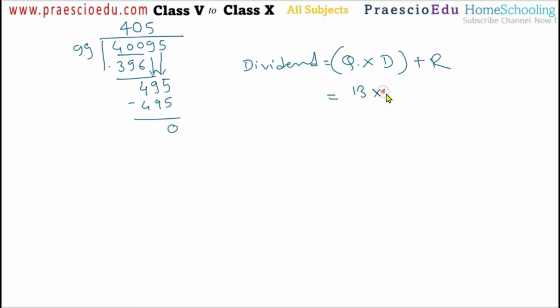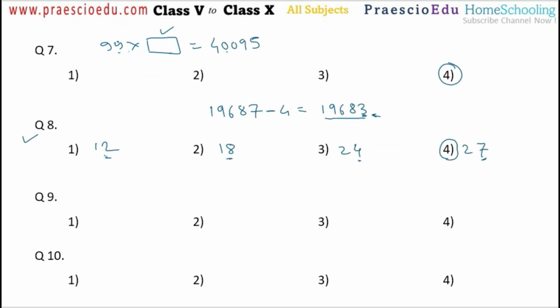So 13 multiplied by 25 plus 22. 25 threes are 75, so 5 here and carry 7 in mind. 25 ones are 25 plus 7 is 32. Plus 22, 25 plus 22 means 47, so 347. And 347 is given in option number 4. So for question number 9, option number 4 is the correct one.